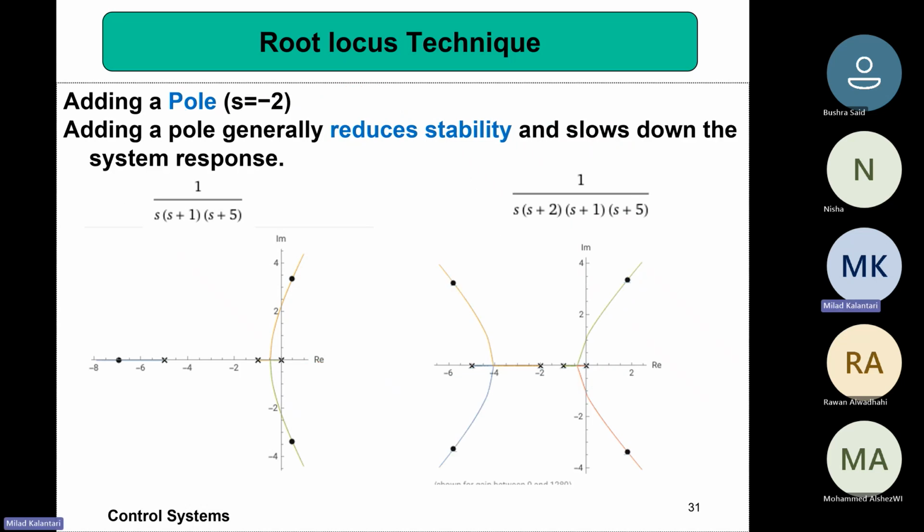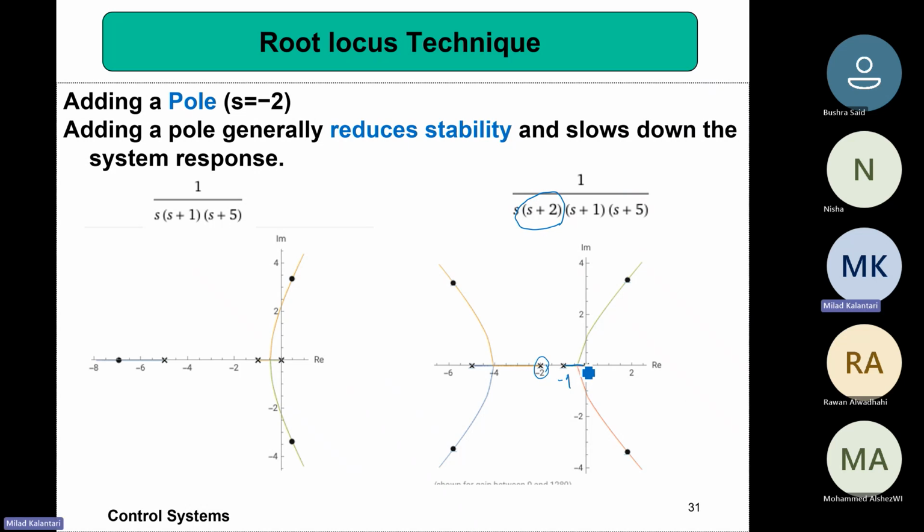So next level here, we are adding one more pole at -2. What will happen? So we had this -1, we are adding this -2, right? So again, we go back to the real part, to see where the locations for the poles are on the real axis.